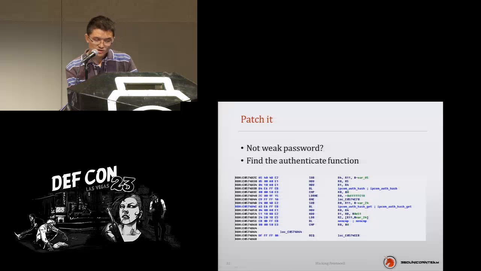And in this function, it uses the IPCOM auth hash to compute the hash, and uses the IP auth hash get to get the original hash code, and then uses memcmp to compare the two.